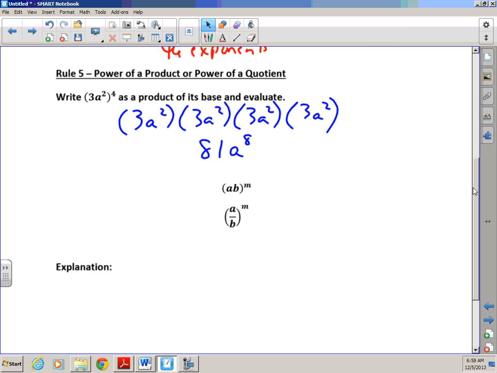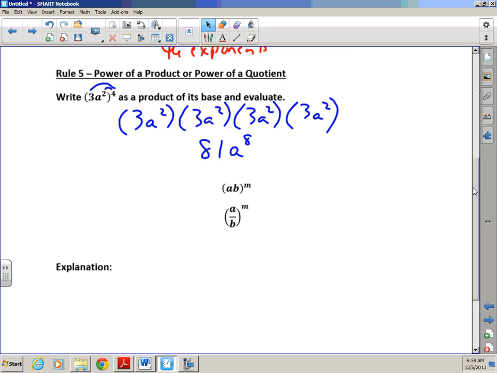What the power to a power rule is doing is it's just shortcutting for us the rule we learned yesterday with the multiplication or division. And so what we're actually doing is distributing this exponent of 4 to both bases.